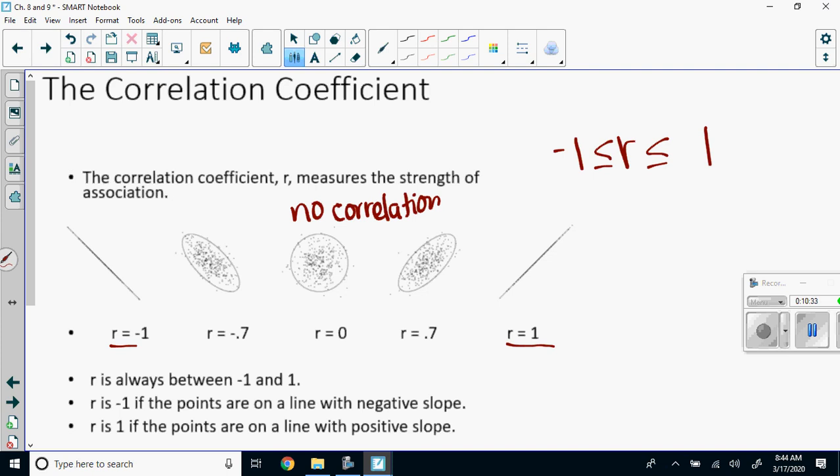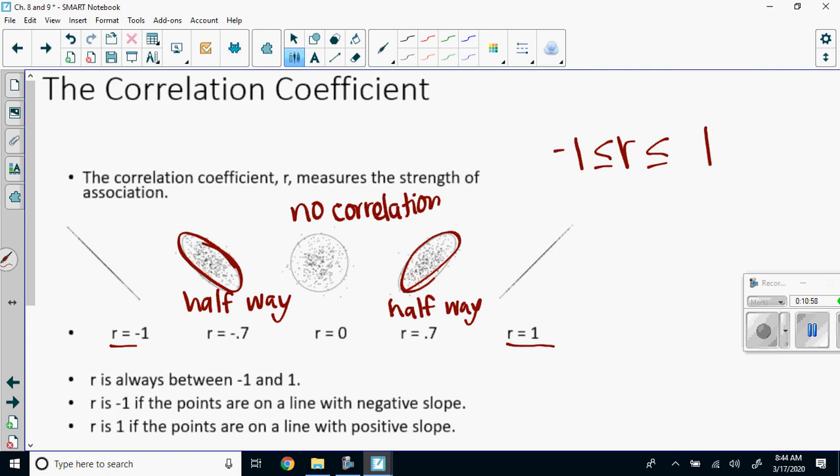-0.7 looks like this, and +0.7 looks like this, and that's actually the halfway point. Rather than 0.5 being the halfway point, which would make sense, they use 0.7 as the halfway point. So if something is 0.7 for correlation, it is half strong, or right in the middle.